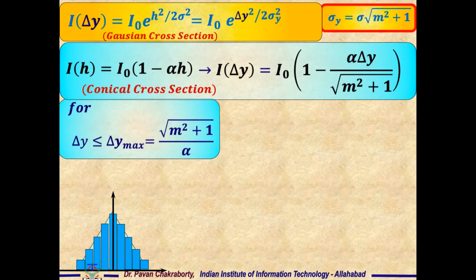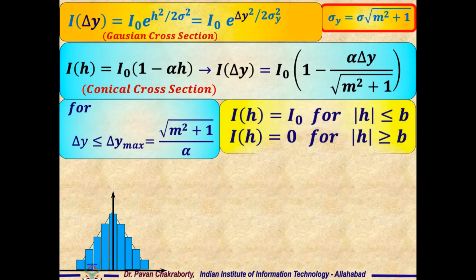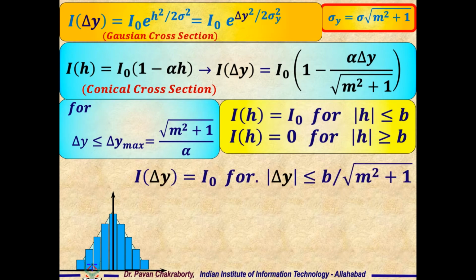We could also have a simple function which is a box curve, where if h is less than b, it is equal to an intensity I naught, and for h greater than b, it becomes equal to 0.